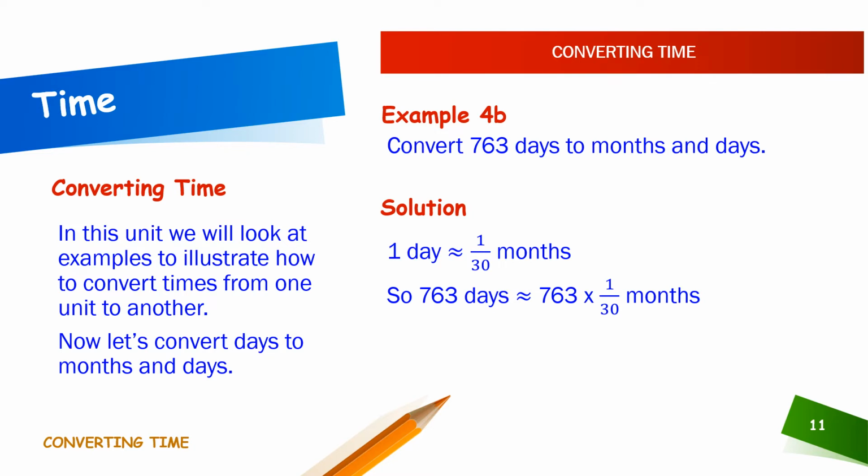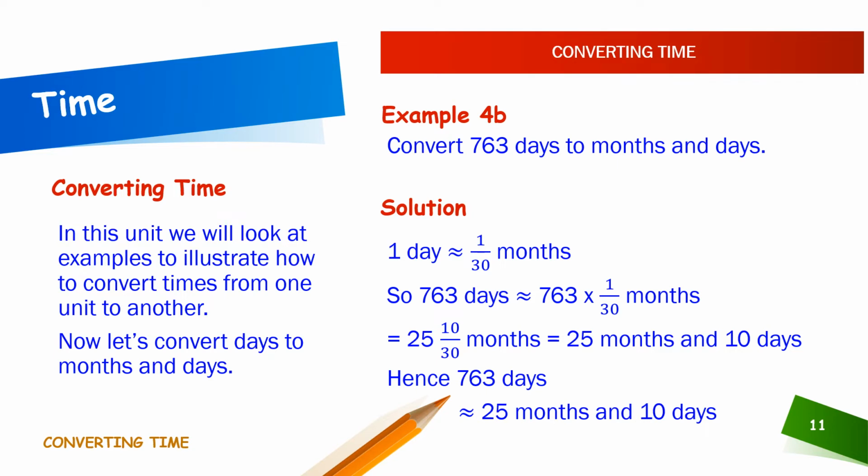Therefore, 763 days is approximately equal to 763 times 1 over 30 months, which equals 25 and 10 over 30 months. In other words, 25 months and 10 days. Therefore, 763 days is approximately equal to 25 months and 10 days.